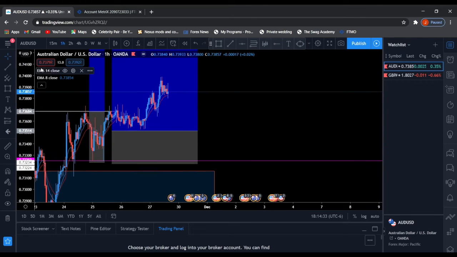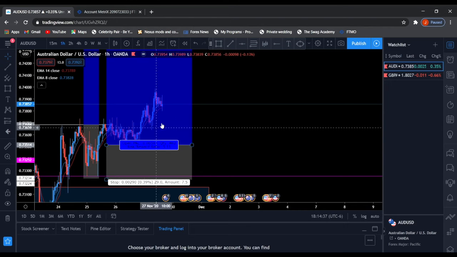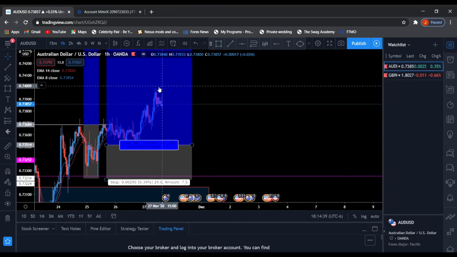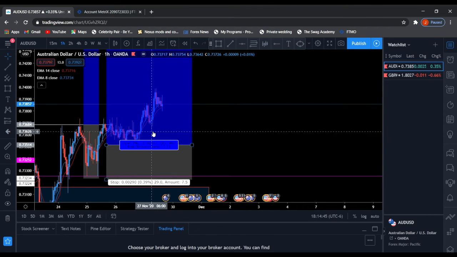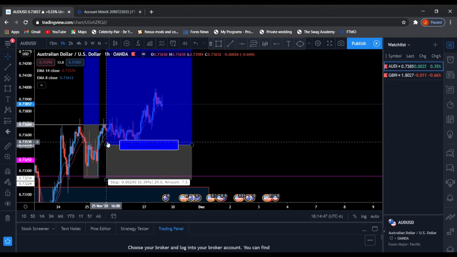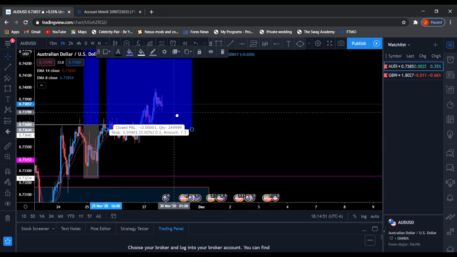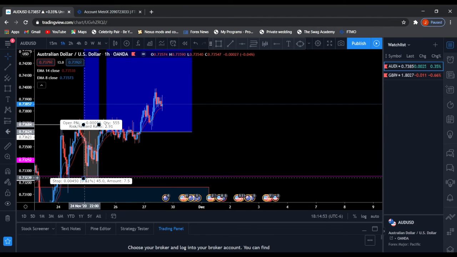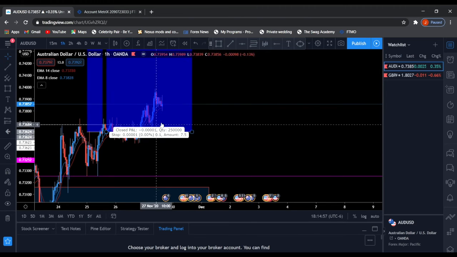And of course you can see I was in profit, and it got over here, and it retraced. So I moved my stop loss right here. TradingView won't let you do it, but I can just give y'all the idea. So just say my stop loss is right here.